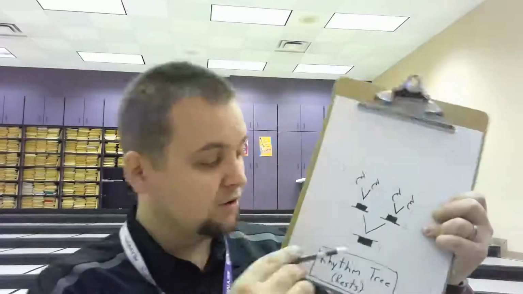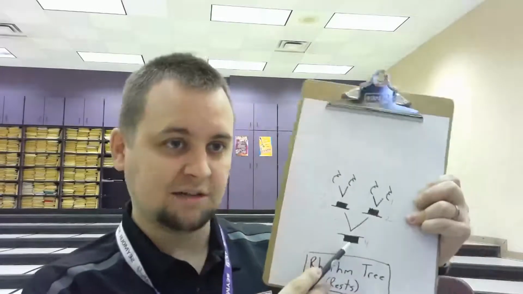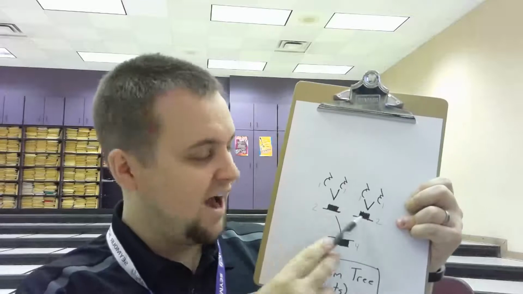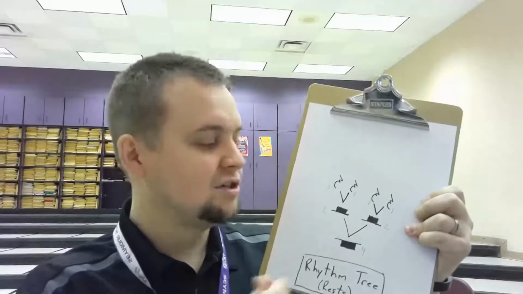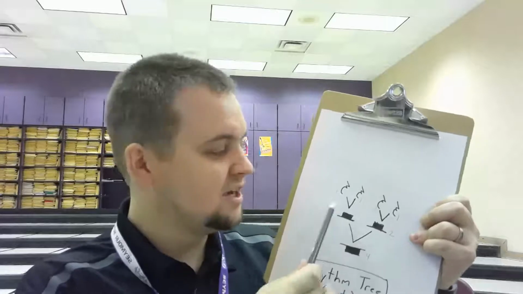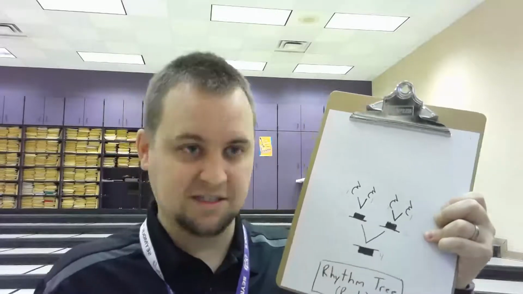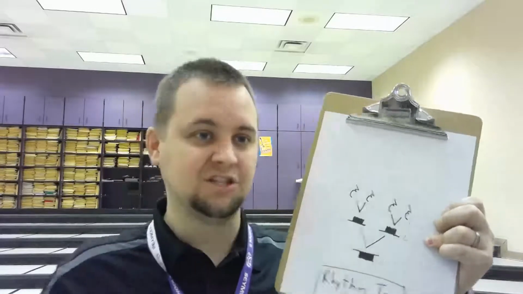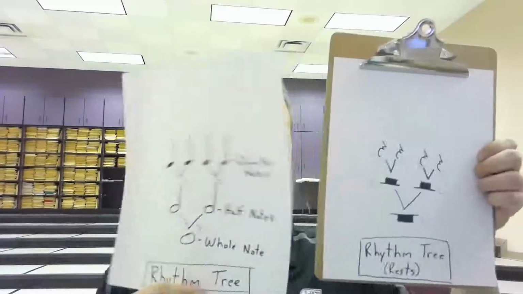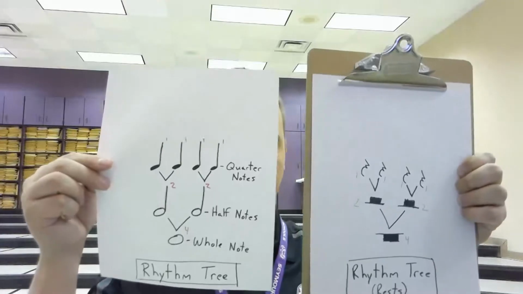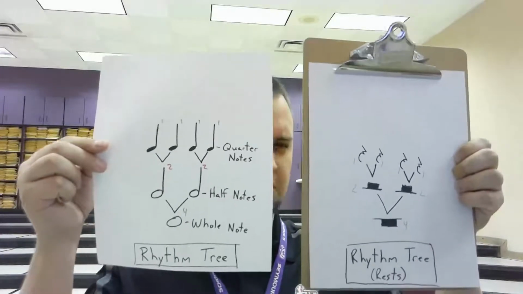But just to review, remember, this is a whole rest, it takes up the whole measure, so 4 beats. These are half rests. They take up half a measure each, so they're 2 beats, of course. And then these are quarter rests. They take up 1 beat each. And we can compare that to the whole notes, half notes, and quarter notes. These are very similar.